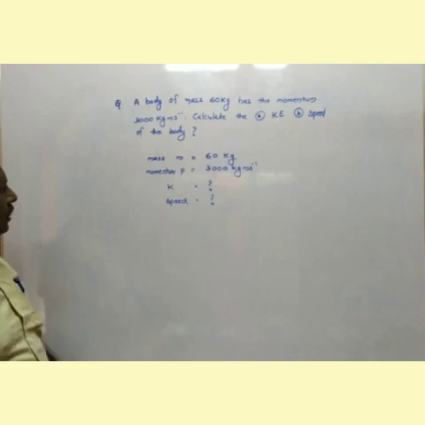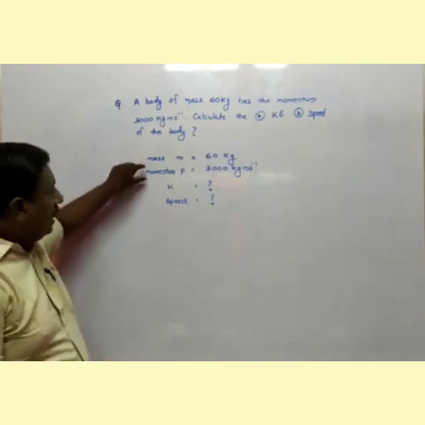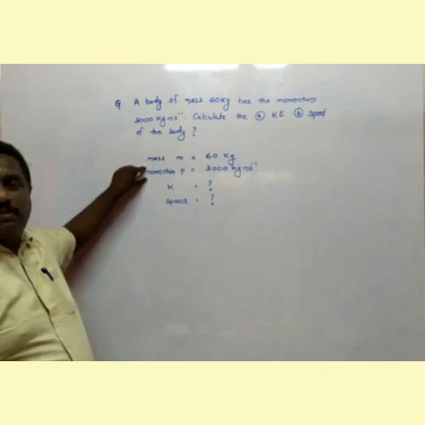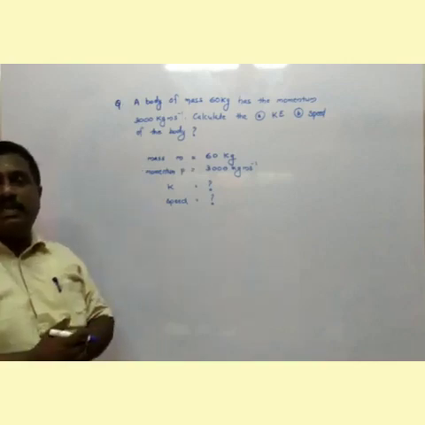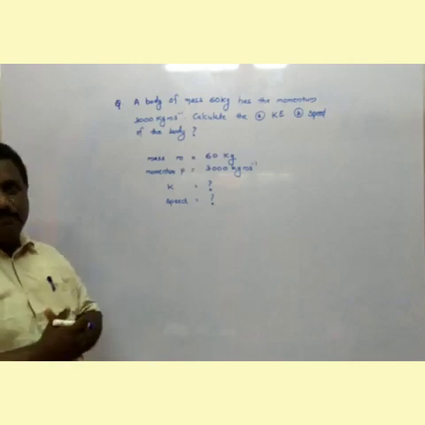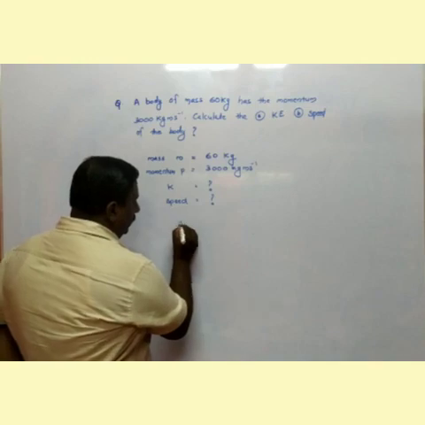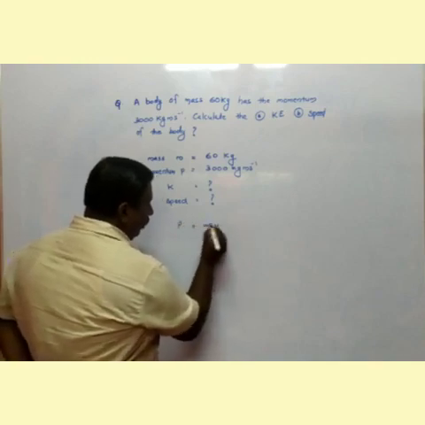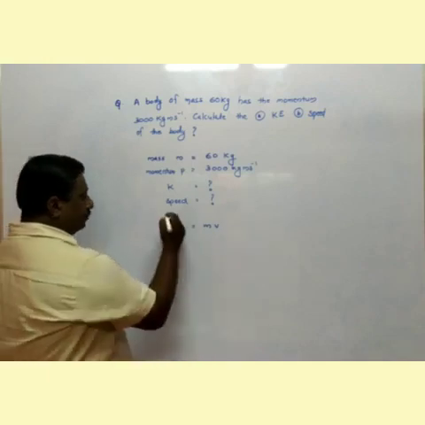Here we have the mass of the body and the momentum. We know the equation for momentum, P is equal to mv. Momentum is equal to mass into velocity or mass into speed.